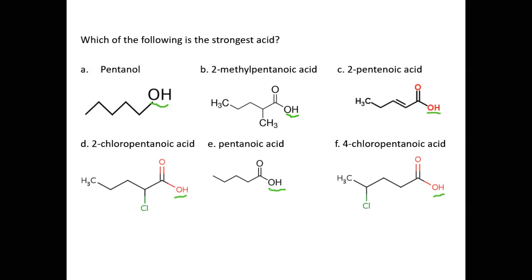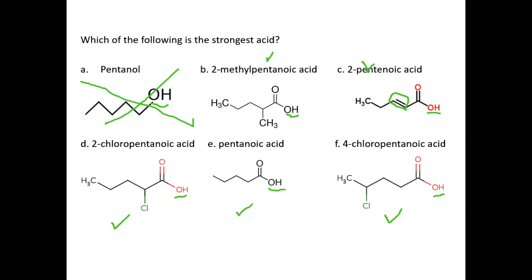Second thing is, do they have any resonance? Well, A doesn't have resonance. We can get rid of that. But B has resonance. C has resonance. D has resonance. E has resonance. And F has resonance.